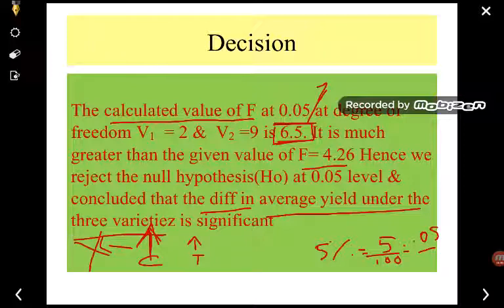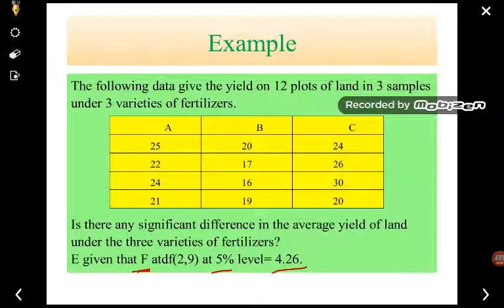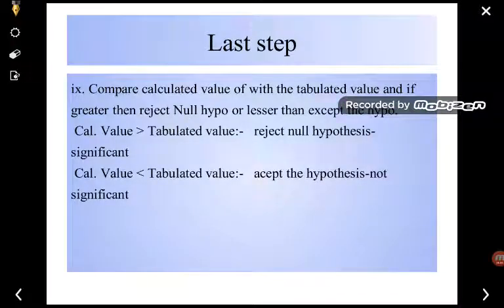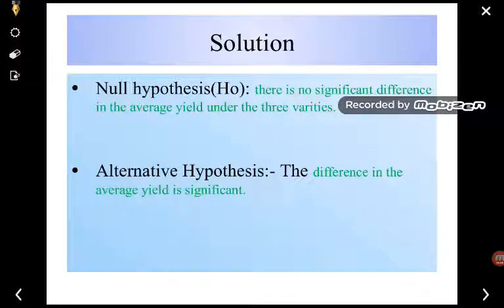So remember what I said regarding the conclusion: if the calculated value is greater than the tabulated value, as we know our calculated value is, we reject the null hypothesis. What was the null hypothesis? Null hypothesis: there is no significant difference in the average yield. So we reject this.